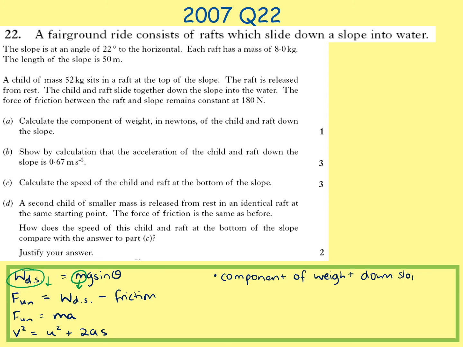Then let's have a look at our second equation we used. This was the unbalanced force equals the component of the weight down the slope minus friction. If our component of the weight down the slope decreases, then that means our unbalanced force is also going to decrease. This is because our friction is staying the same, as it's the same raft that's being used. So our next little sentence can be our unbalanced force decreases.